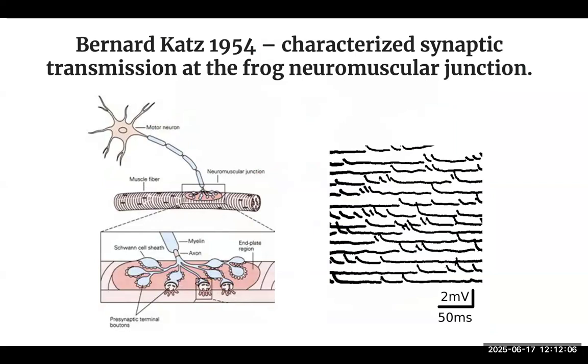Again, this is one of those classical experiments which I think is going to answer some of the questions that you asked. This is done by Bernard Katz. Like I said, he really loved recording action potentials, and he was not in favor of recording in voltage clamp. So there is one very famous paper that he published after recording these spontaneous end plate potentials, or changes in the potential due to presynaptic neurotransmitter release.